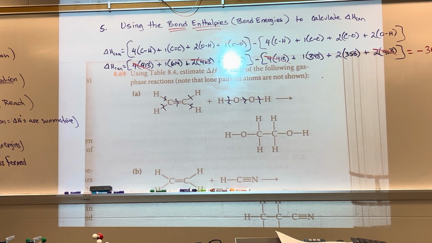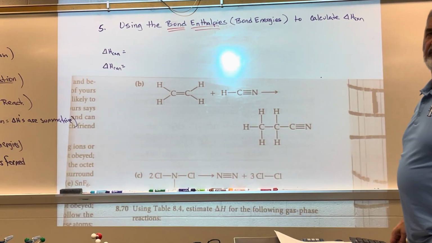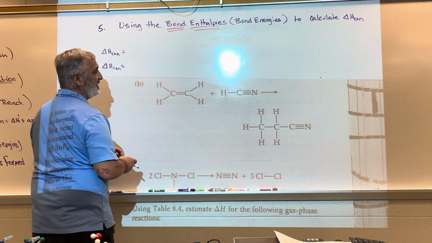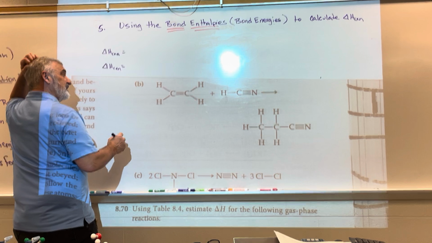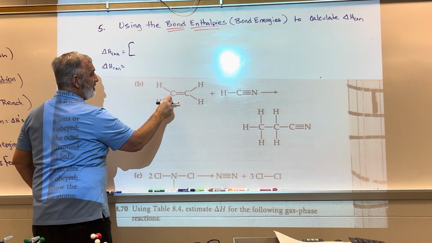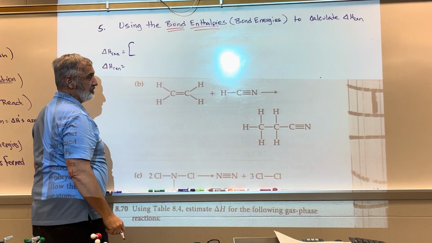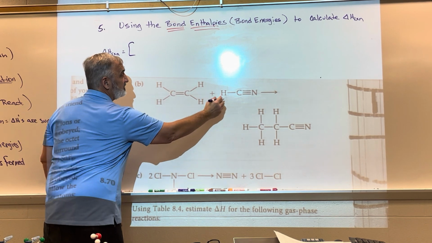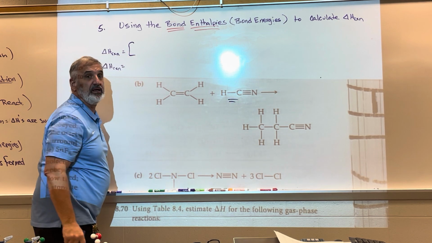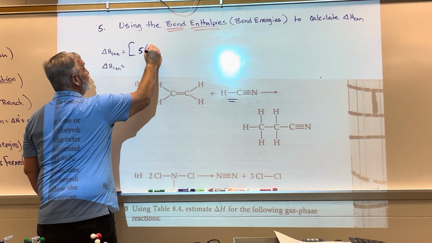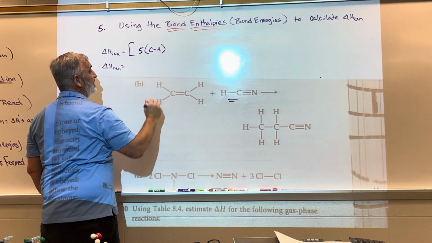Go ahead and pause the video. All right, so when we go through and do this, let's just set it up. I think most of y'all pretty much got this, but bonds broken, how many carbon to hydrogen bonds do I have to break? 4 here, but there's another one over here, right? It's going to be all the same, it doesn't matter what it is. So we can say 5 carbon to hydrogen bonds, okay?